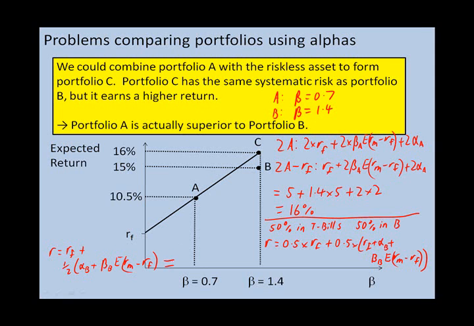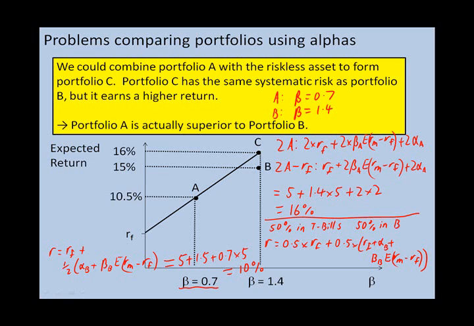And if we plug in the numbers, that's going to give us 5 plus 1.5 plus 0.7 times 5, which equals 10. So if we invest in a combination of Portfolio B and the riskless asset, such that we have the same market risk as Portfolio A, we would earn 10%.